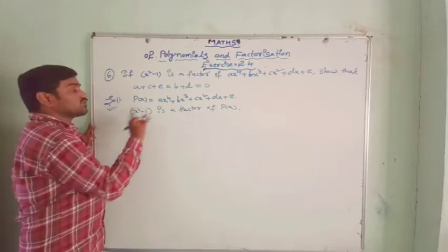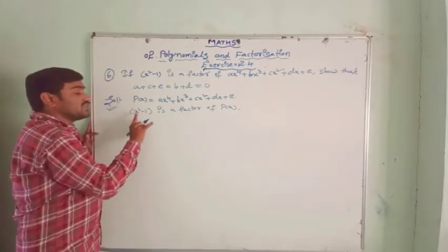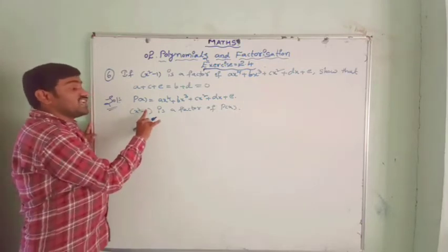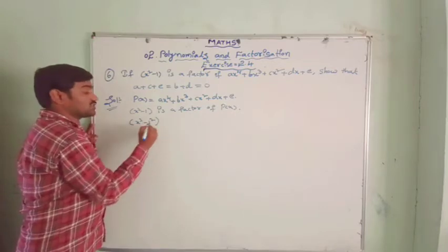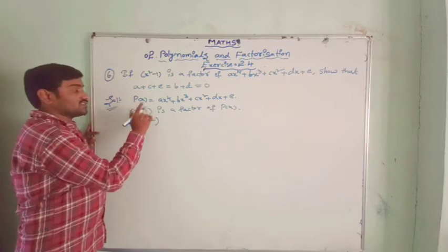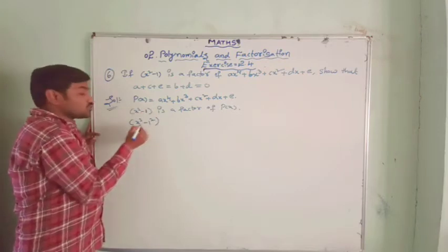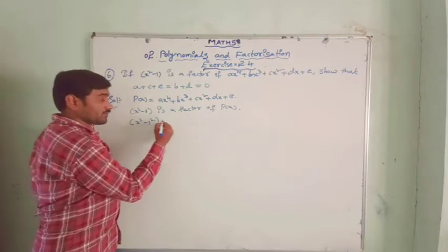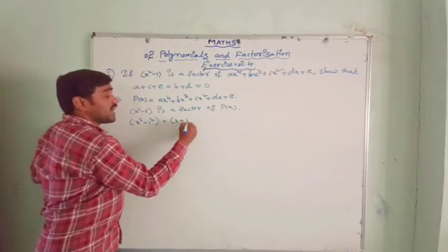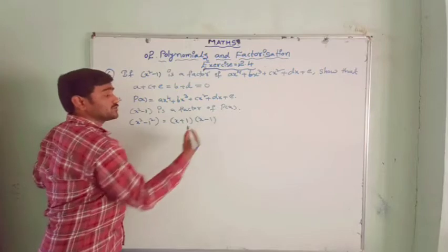So here x square minus 1, I can write as x square minus 1 square. This 1 I will write as 1 square, so that it will be in the form of a square minus b square. So I can also write this as a plus b into a minus b.